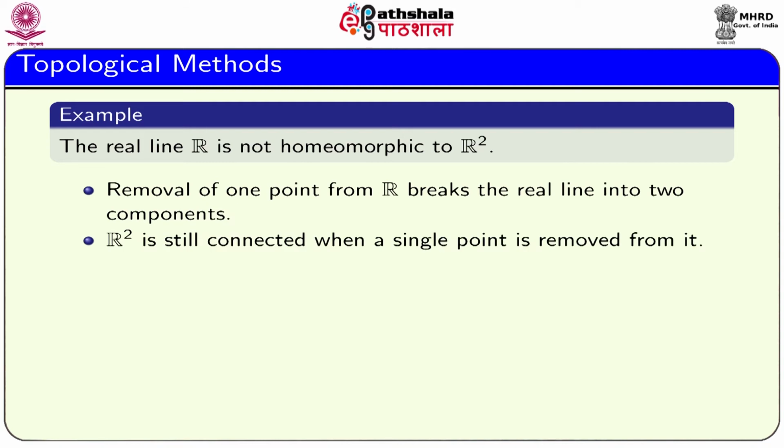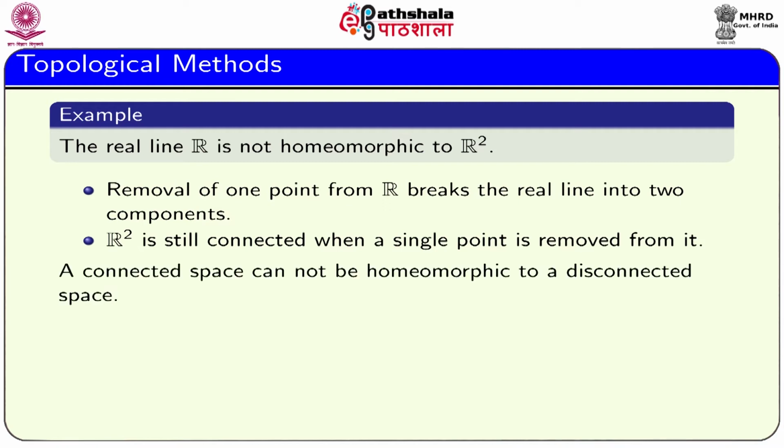Hence, punctured R is disconnected, but R2 is still connected when a single point is removed from it. A connected space cannot be homeomorphic to a disconnected space, as connectedness is a topological property. And so, the original spaces, that is R and R2, are not homeomorphic to each other.